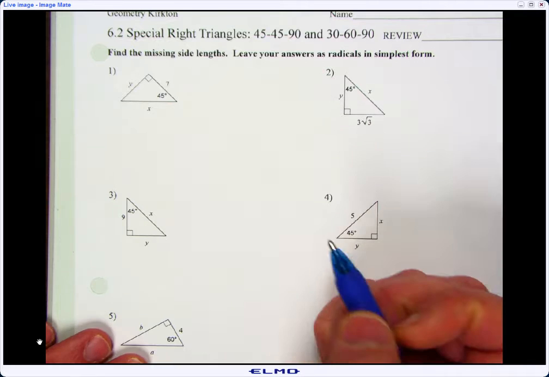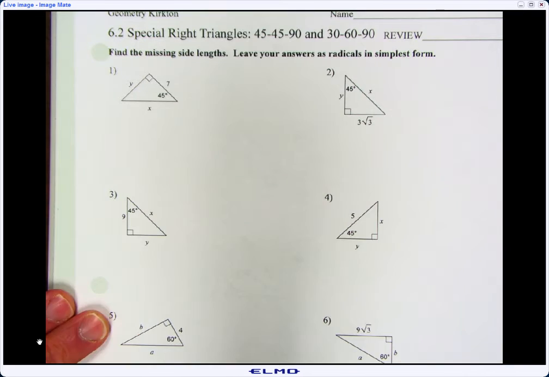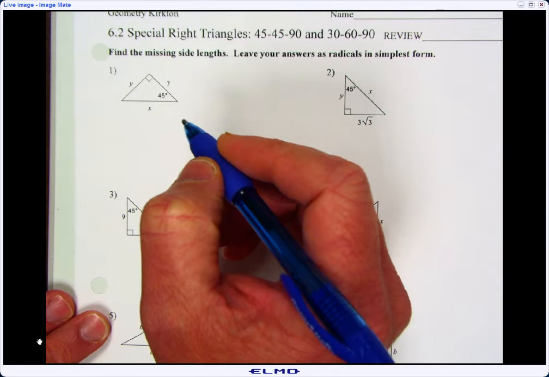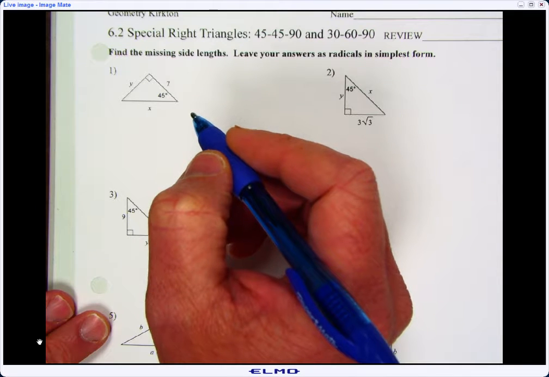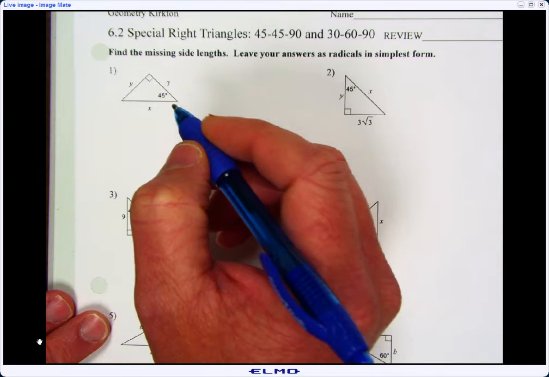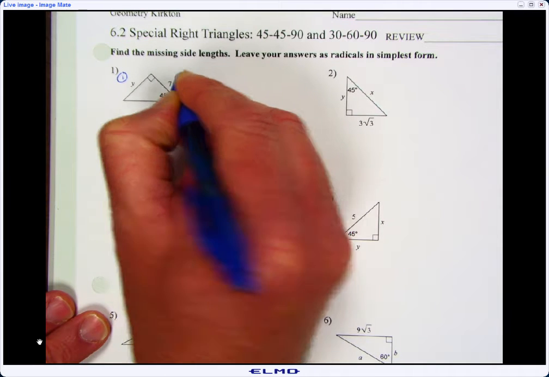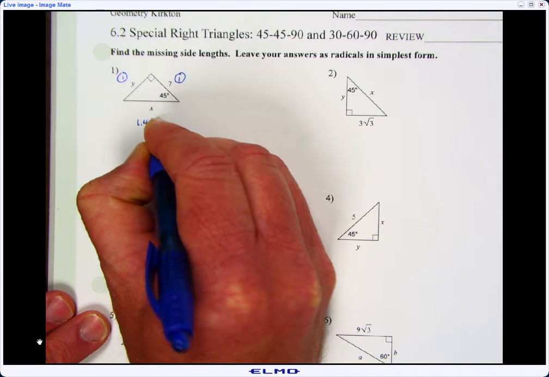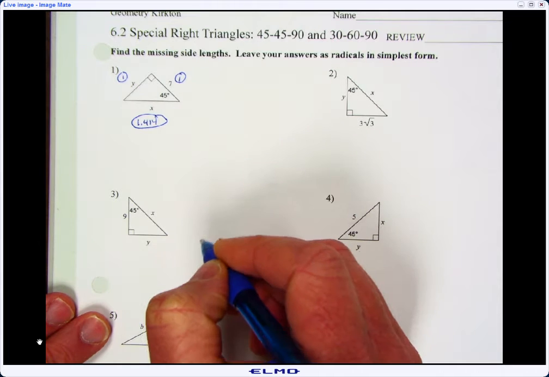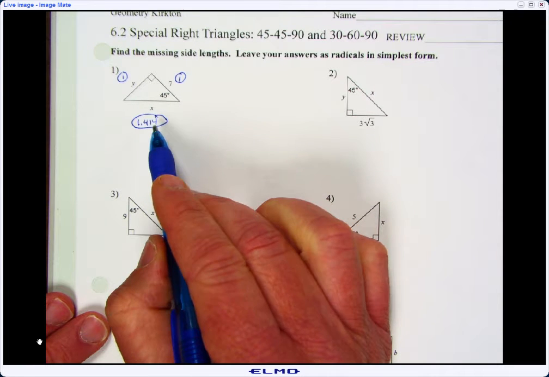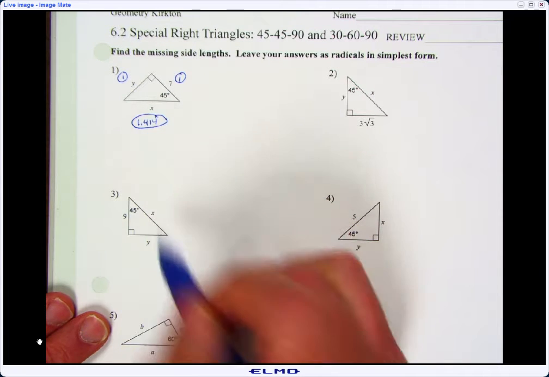Basically, the way I teach this is to label the sides with the ratios. If you look on your formula sheet, you have the special triangle ratios. For 45, 45, 90, your ratios are 1, 1, and 1.414. And I know some of you use 1.4, but it's not going to be accurate enough if you do that. So we're going to use the whole thing.